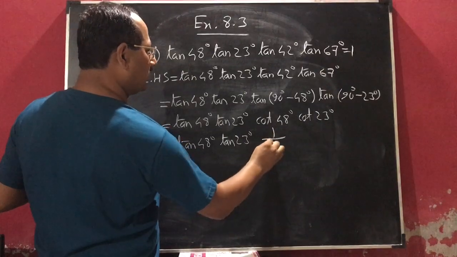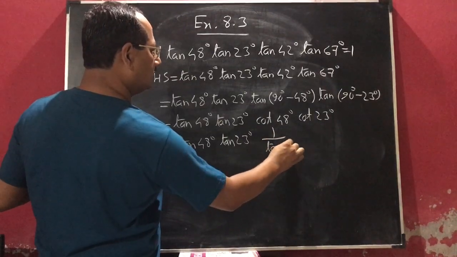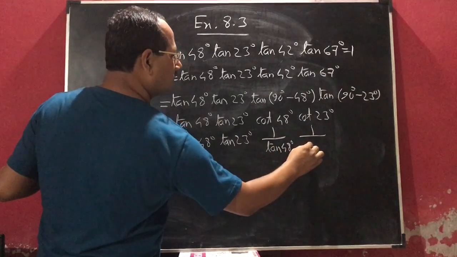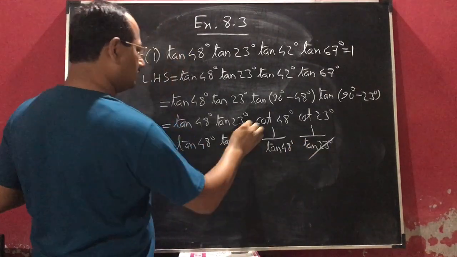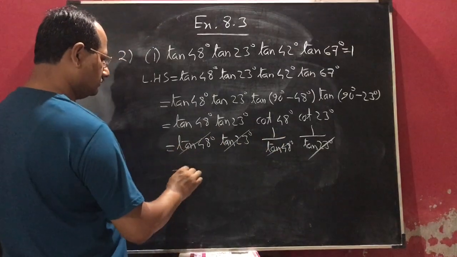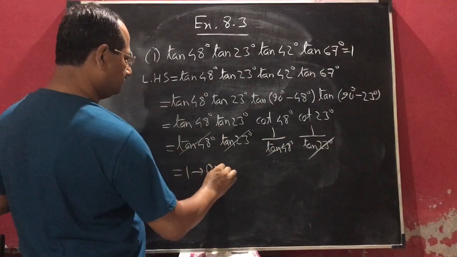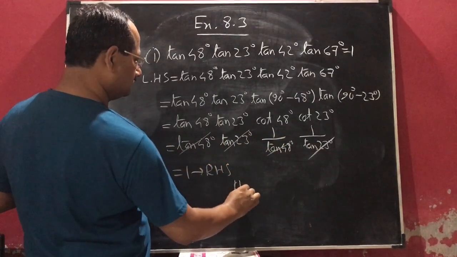Cot is written as 1 by tan 48 degrees, and 1 by tan 23 degrees. So these cancel, and it equals 1.